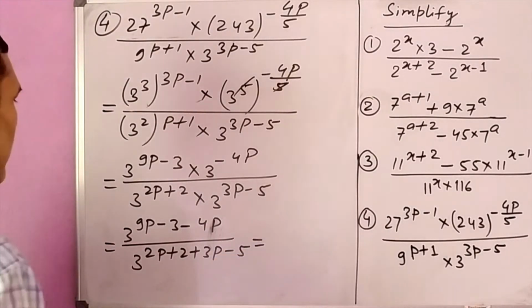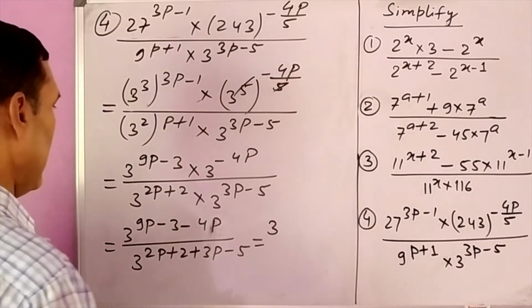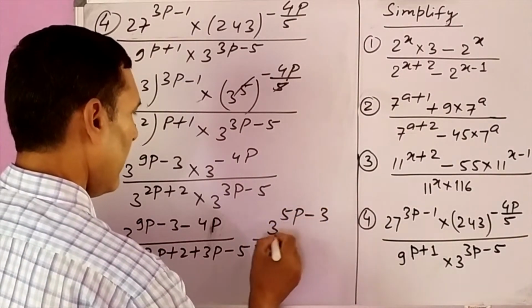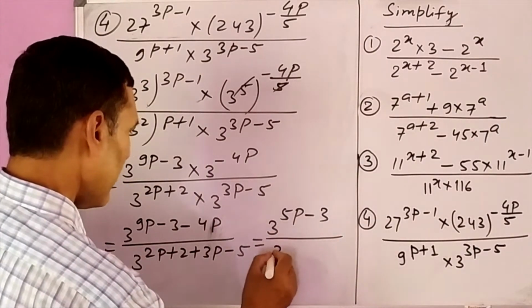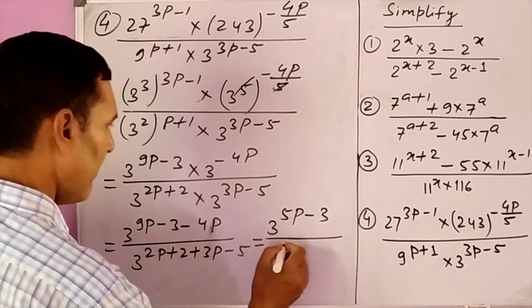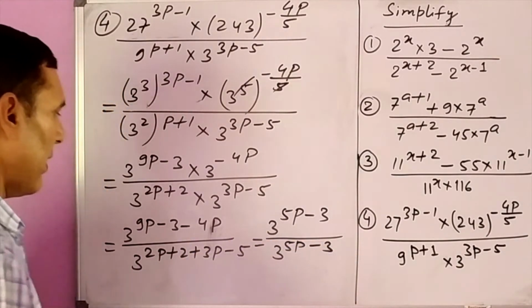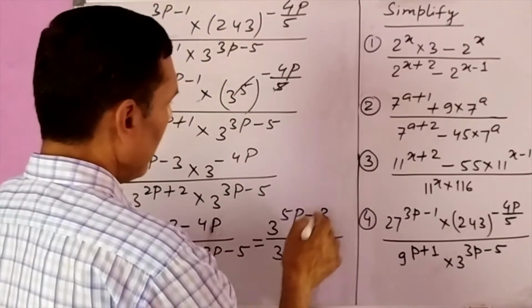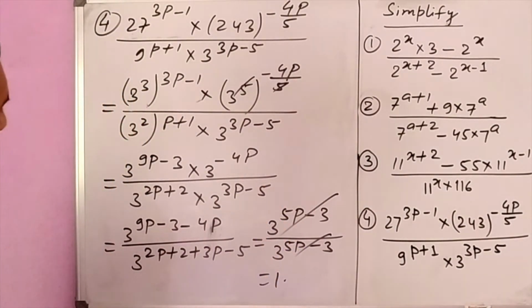So 3 to the power how much? 9p minus 4p, 5p minus 3 in the numerator. In the denominator, 3 to the power 2p plus 3p, 5p, it is minus 3 here also, because minus 5 plus 2 is minus 3. Now we have the same thing in numerator and denominator. Directly we can cancel, so that it also gives the answer 1.